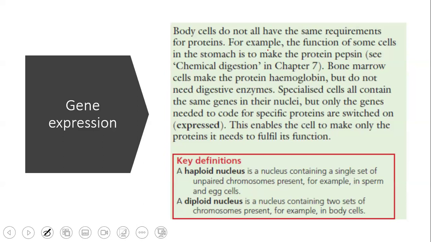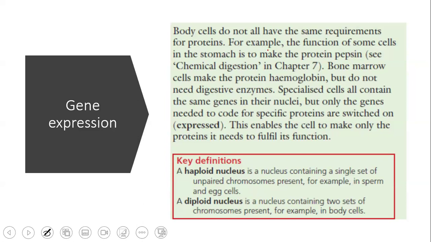Then we have a haploid. What is a haploid nucleus? A haploid nucleus has half the number of chromosomes. So if the total number is 46, the number of chromosomes inside the haploid nucleus is going to be half of that, so they are going to be 23, right? The reason I'm emphasizing this point is because we also need to go over meiosis.